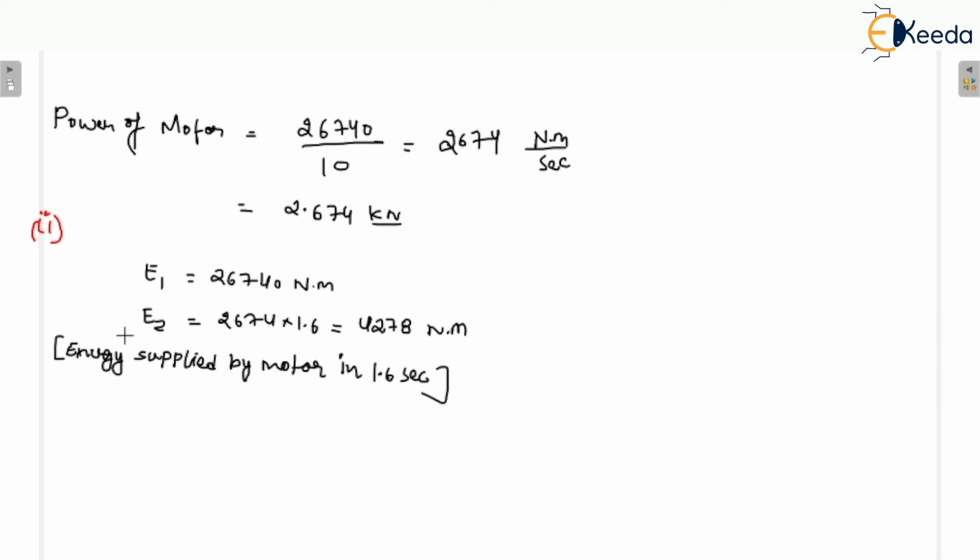Okay, so we can calculate the energy that is to be supplied by the flywheel during the punching, or you can say the maximum fluctuation of the energy. So maximum fluctuation of energy, that would be delta E is equal to E1 minus E2.